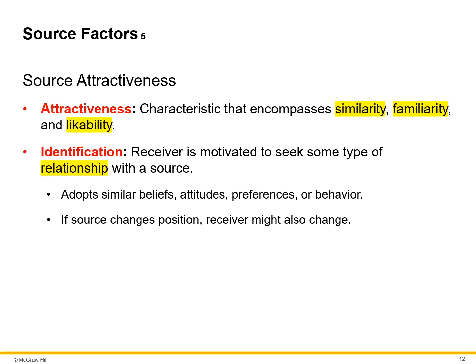Also, source identification. The receiver is motivated to seek some type of relationship with the source. They may be of the same gender, same race, same origin, or same whatever, so they find themselves identified with the source.